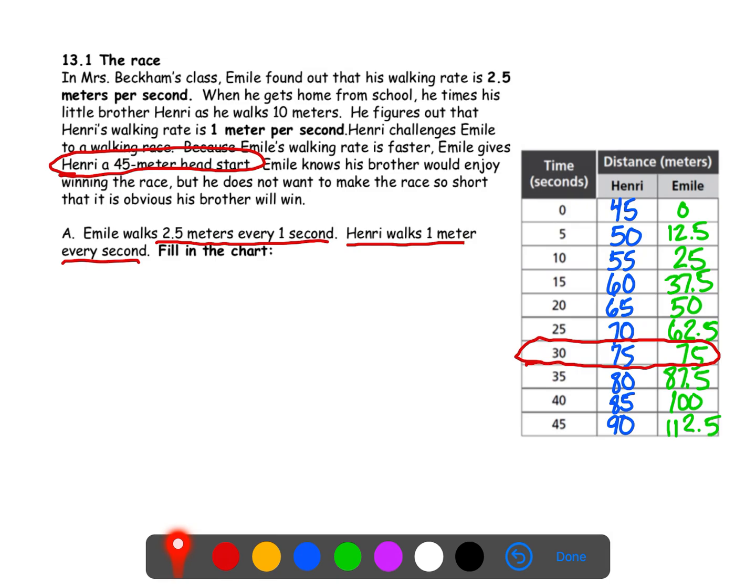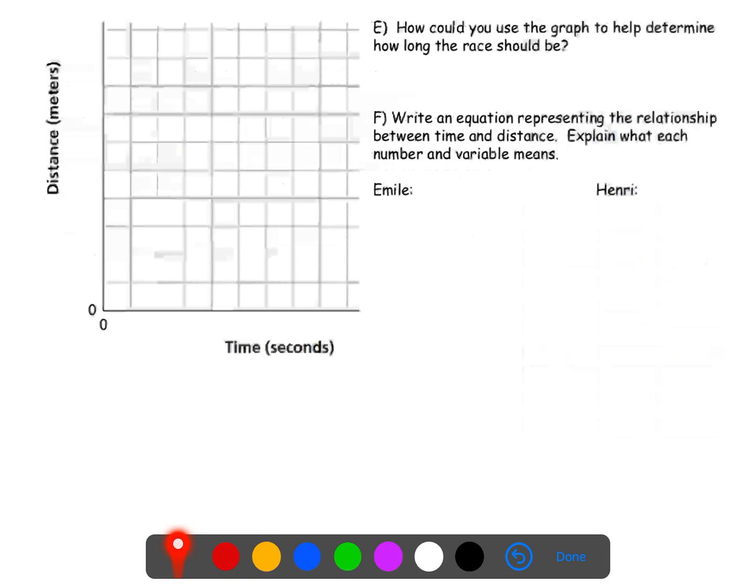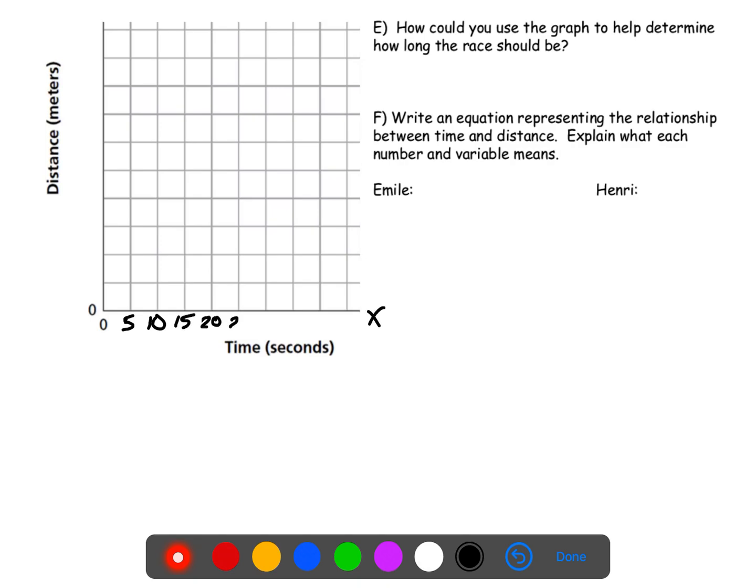Okay, now we're going to be putting this on a graph. It tells us the intervals. It says use 5 for the x interval and 10 for the y interval, which means each of these markings is going to be 5 along, remember this is the x-axis here, so 15, 20, 30, all the way up.